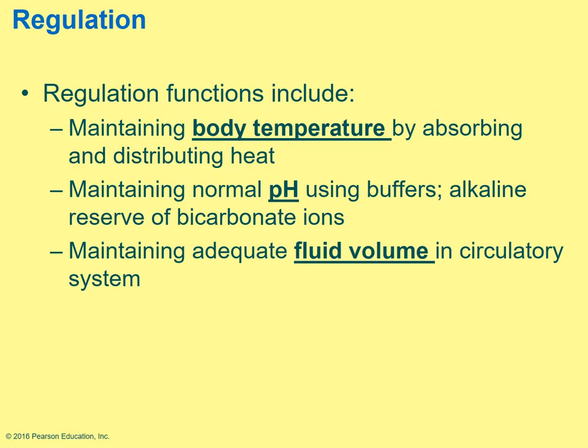You don't want too high or too low, or you can certainly end up with catastrophic results. Blood is also involved with maintaining adequate volume in the circulatory system. You don't want the volume of blood to increase too much or decrease by too much, so it can make adjustments there.